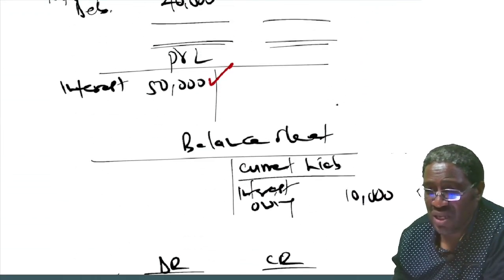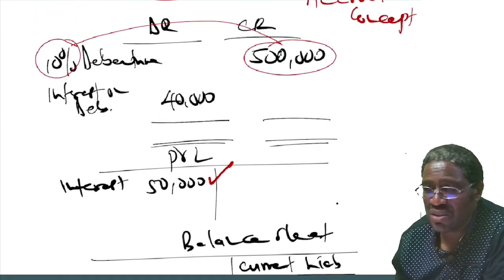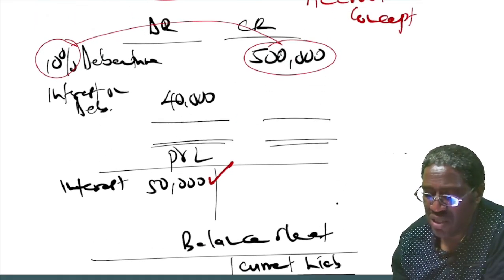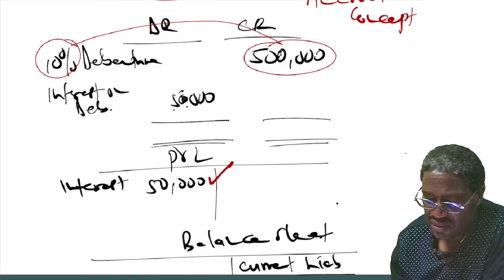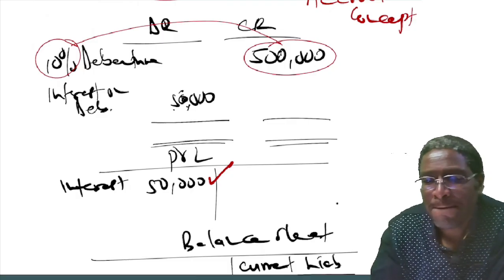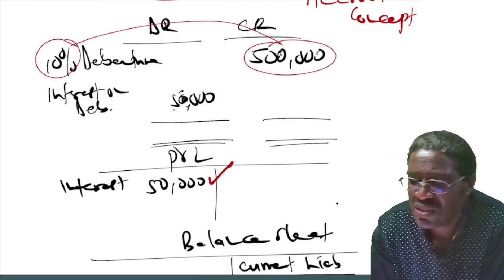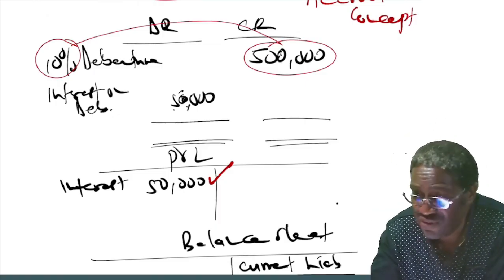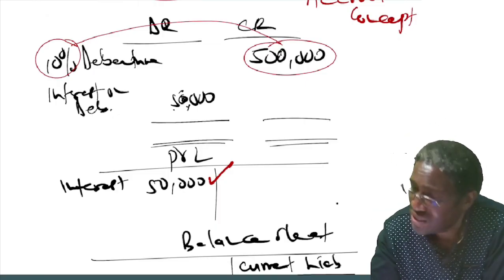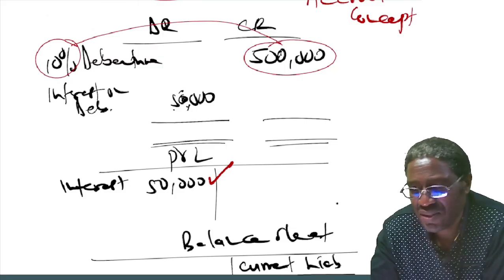Suppose in the trial balance, I'm changing something. Suppose in the trial balance, instead of 40, you are given 50. In the income statement, you will still charge 50, which is 10% of 500.